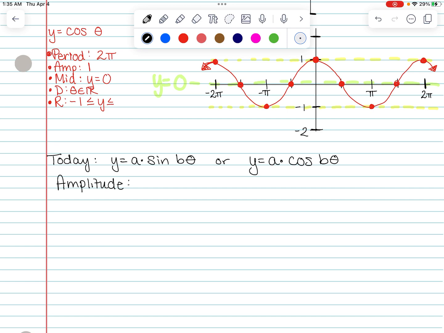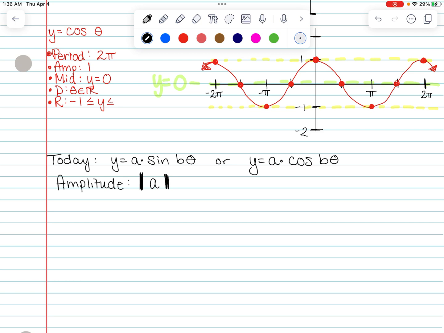Because if I take a graph and multiply all of its numbers by a number, it's a scale factor. All of the numbers are either going to get bigger or smaller depending on what I'm multiplying by. The absolute value of A will be the amplitude.